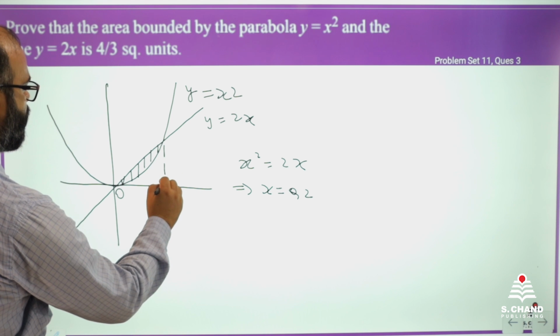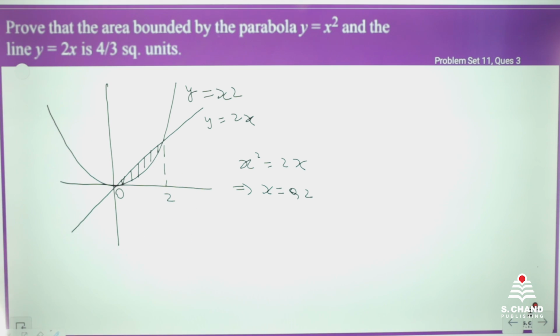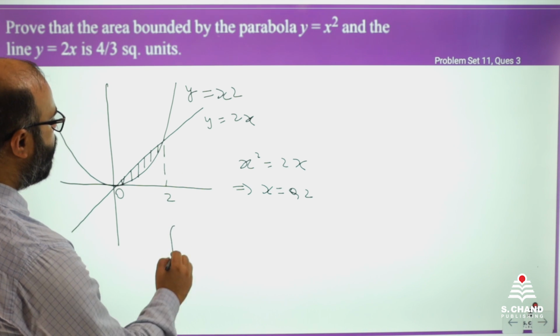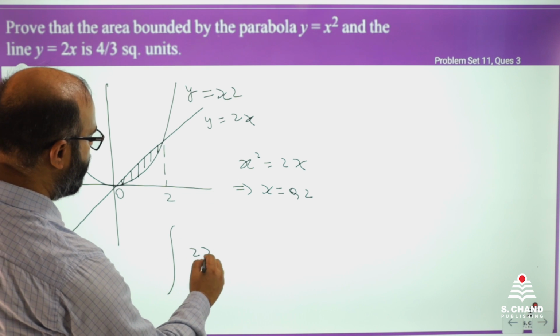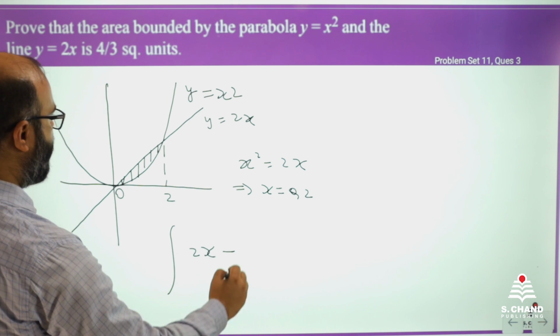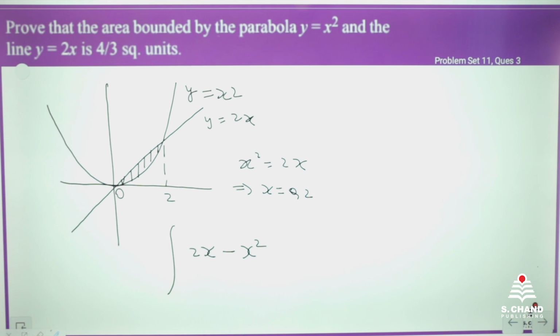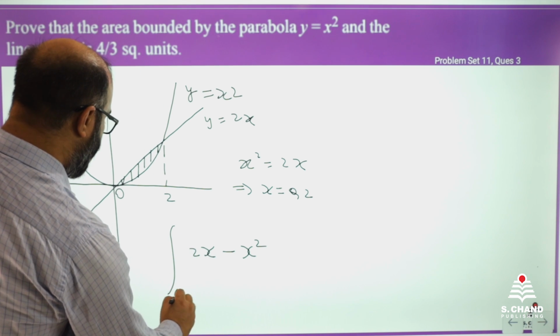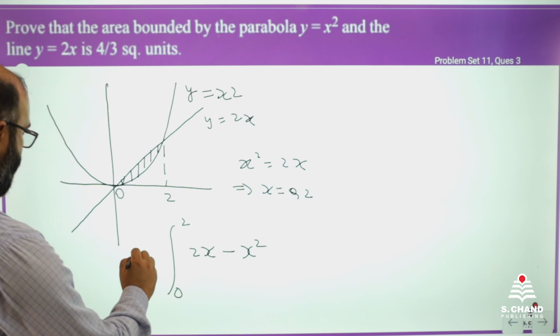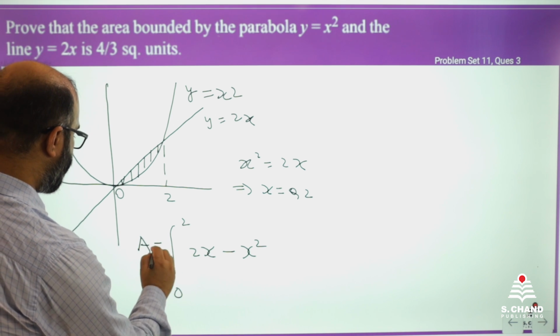So this is 2. Now we know that the upper curve, which is the line 2x, minus the lower curve, which is x square here, we can write it like this. And then we have the limit 0 to 2. So this area would be this one.